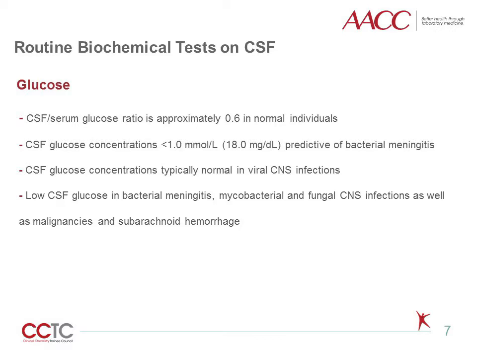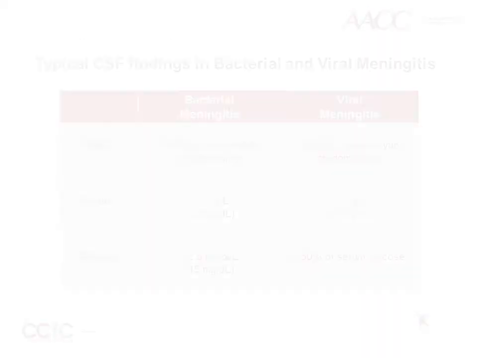Abnormally low CSF glucose concentrations can occur in bacterial meningitis, mycobacterial and fungal CNS infections, as well as malignancies and subarachnoid hemorrhage. Low CSF glucose, less than 0.1 millimole per liter, is strongly predictive for bacterial meningitis, while the CSF glucose concentrations are typically normal during viral CNS infections.